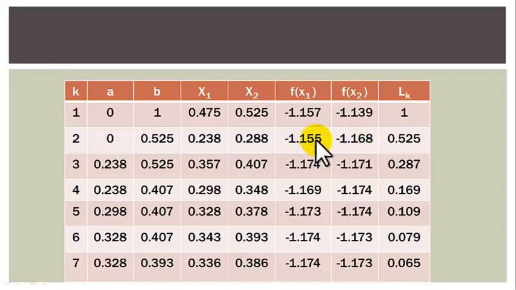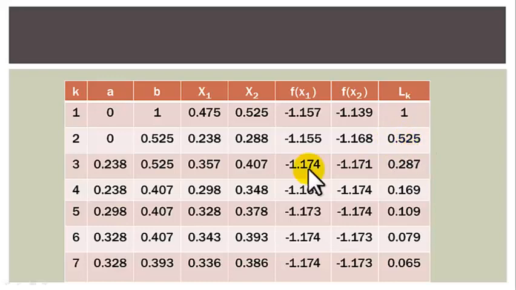Clearly, this one is greater than this. Since this is greater than this, our next interval of uncertainty will be from x1 to b. This is our x1, which is 0.238, and b is 0.525.